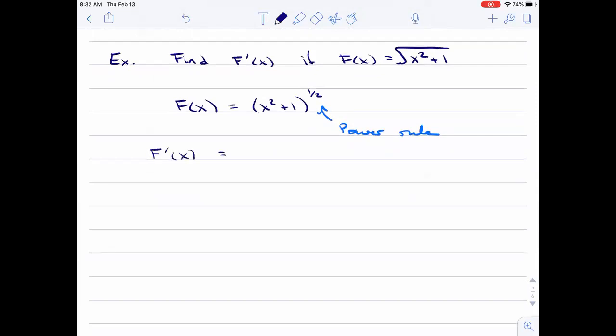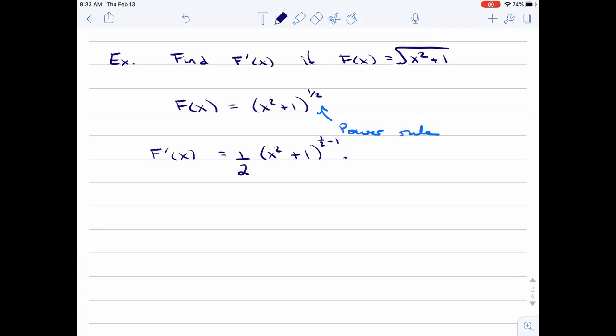And so then f prime of x is going to be, well, I'm going to bring that 1/2 down, because this is the outside function, holding the inside function steady. So x squared plus 1 to the power of 1/2 minus 1 times, I was going to do the d dx of x squared plus 1, but I might just go to 2x.